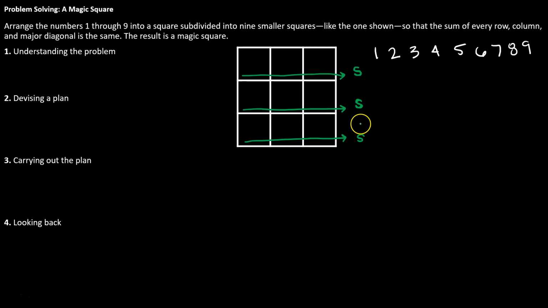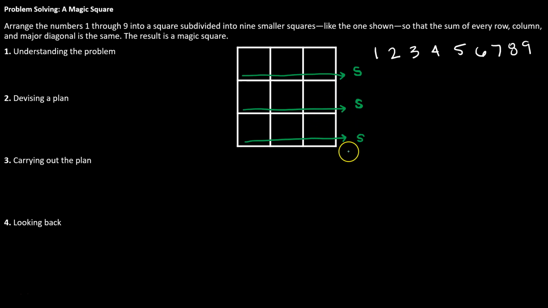But also, looking at the way that we've drawn this out, we've used all 9 numbers in one of these 3 sums. So we used 3 numbers in the top row, 3 numbers in the middle row, 3 numbers in the bottom row.